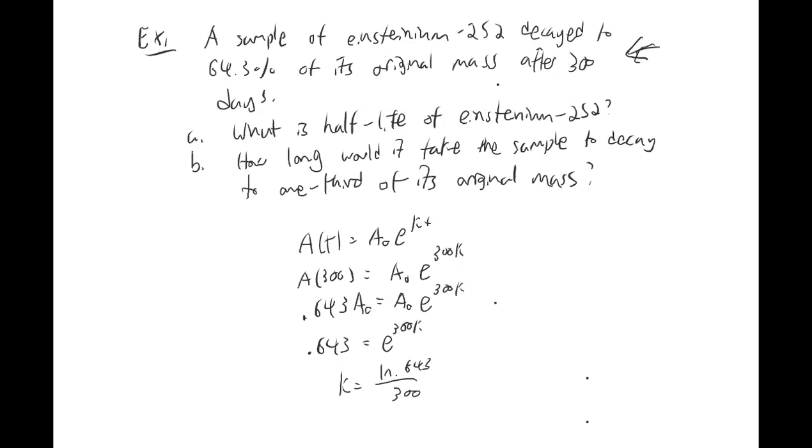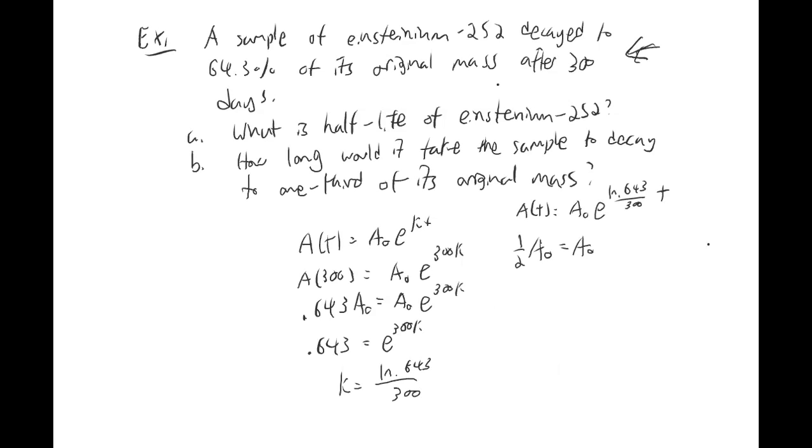Yeah. So what's the half-life? Well, now that I know this, it's e to the ln of 0.643 over 300 t, right? So for part A, what's the half-life? It's exactly what we did before, right? What does half-life mean? It means when I have half the initial amount, right?